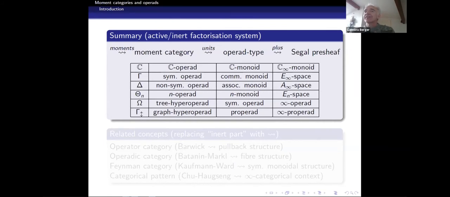Then there are higher dimensional generalizations of Delta, which have been introduced by André Joyal and which are denoted Theta n. Then there is the dendroidal category Omega, introduced by Moerdijk and Weiss. And finally, there is the graphical category, which is also denoted Gamma.